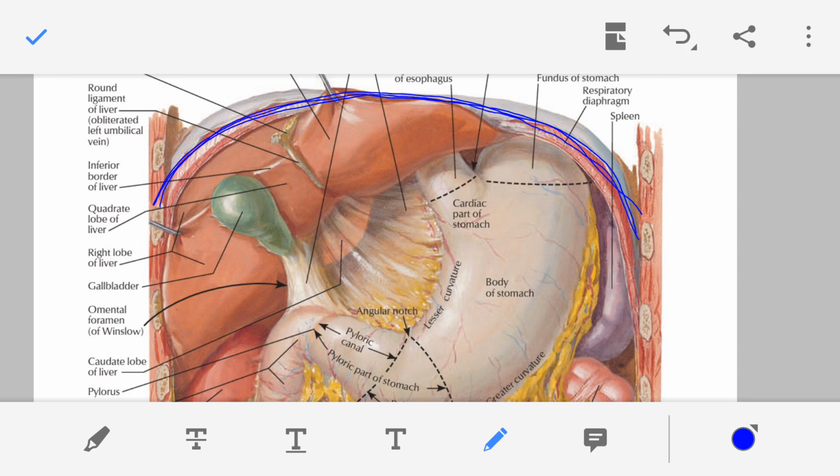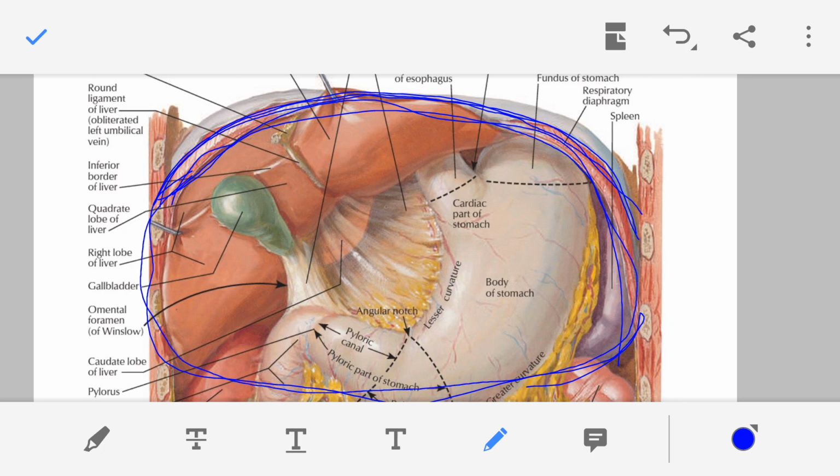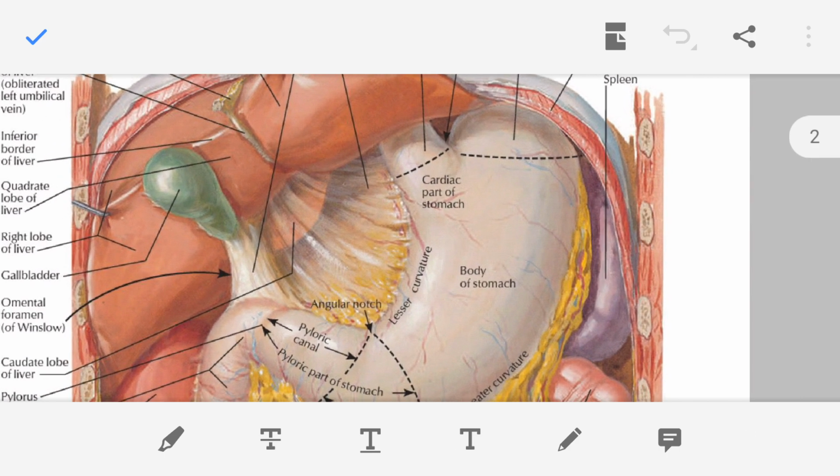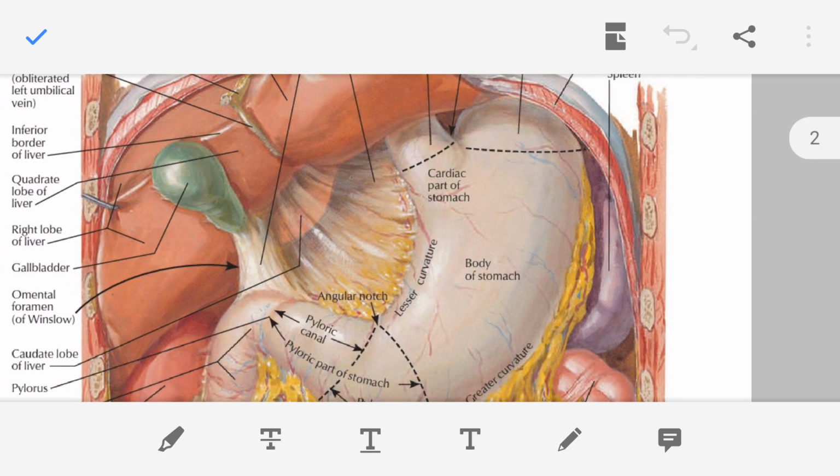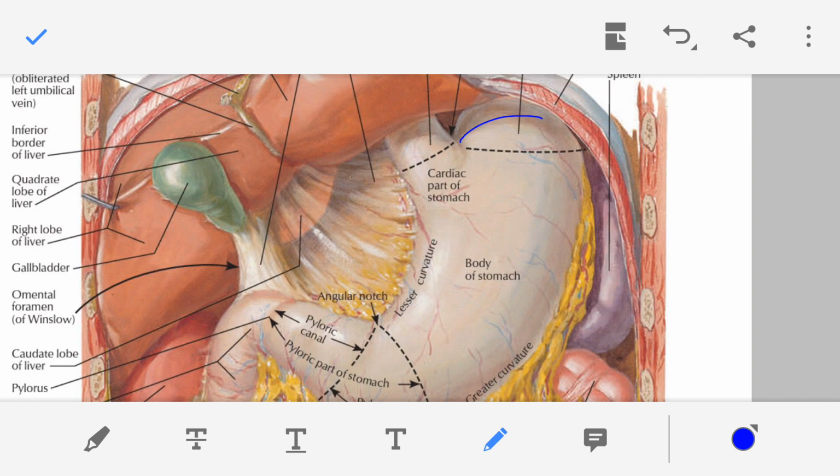So inferior to the diaphragm, this entire portion is our abdominal cavity. So in our abdomen the stomach is present, and as you can see, the stomach is a J-shaped organ. It has a J shape.